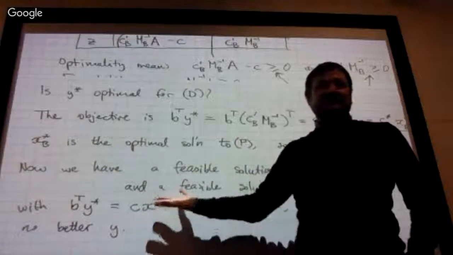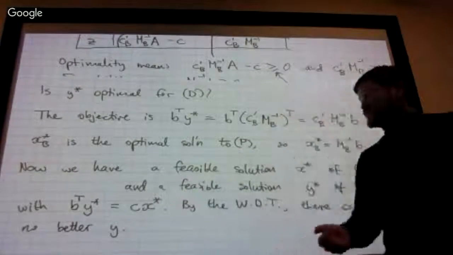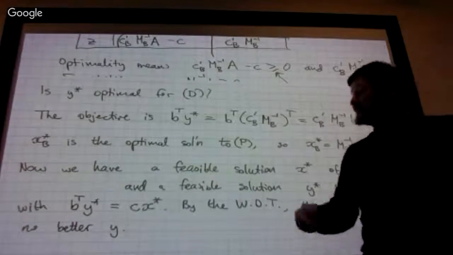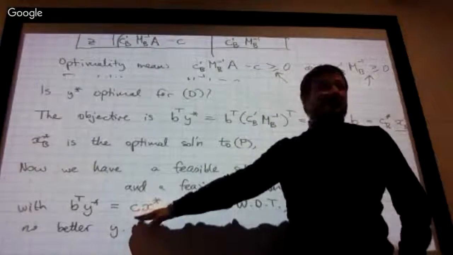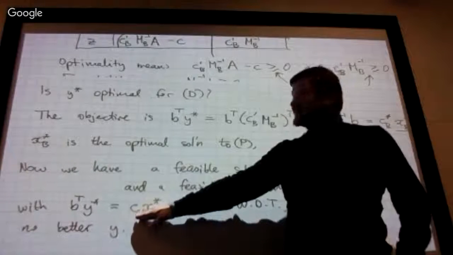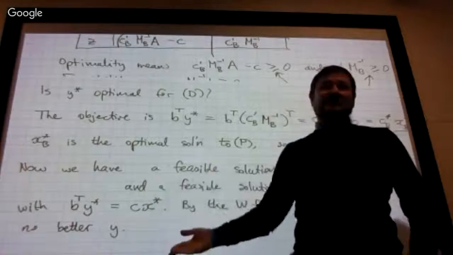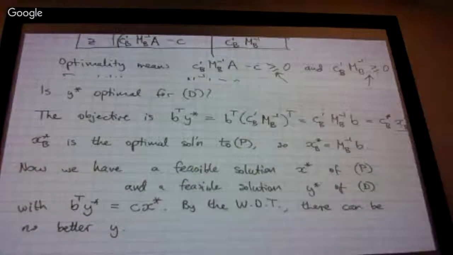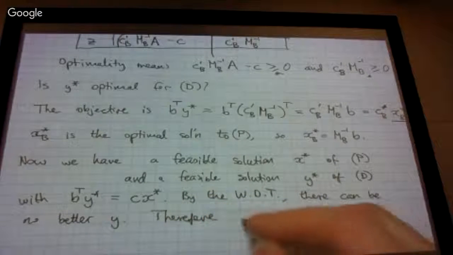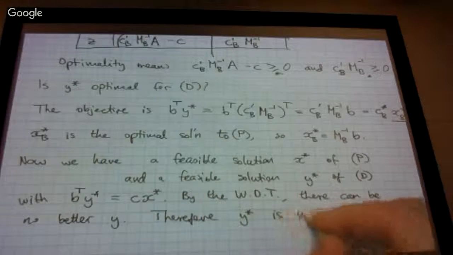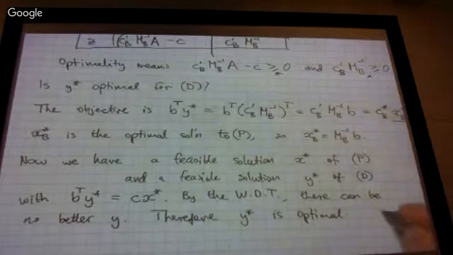So if I have this lower bound on what the objective of the dual can ever be, and if I reach it, that means I've found an optimal solution because I can't get any better one by the weak duality theorem. And so this is optimum. And that's the end of the proof.